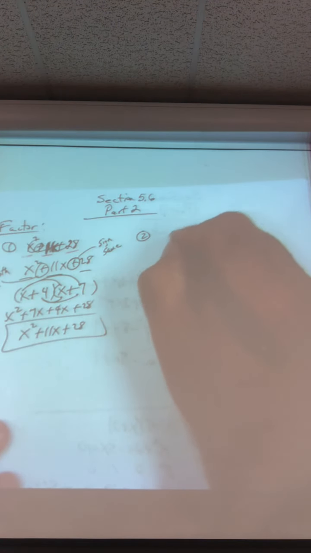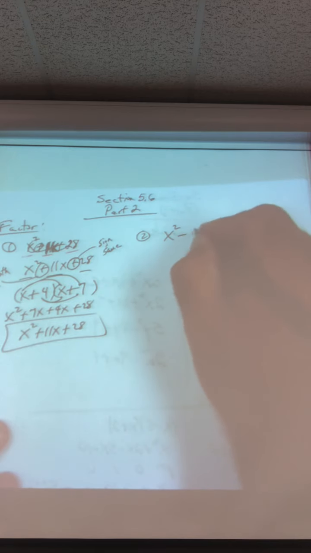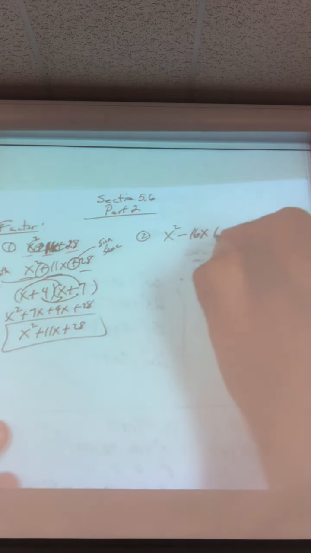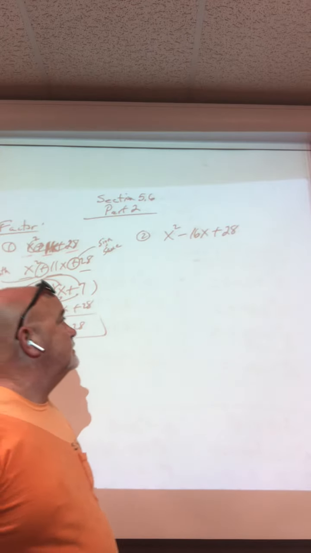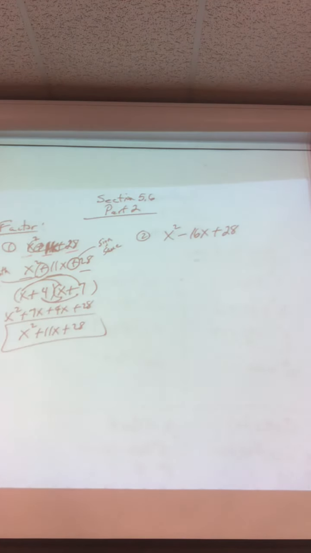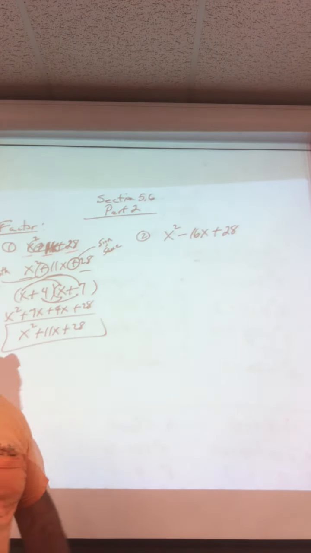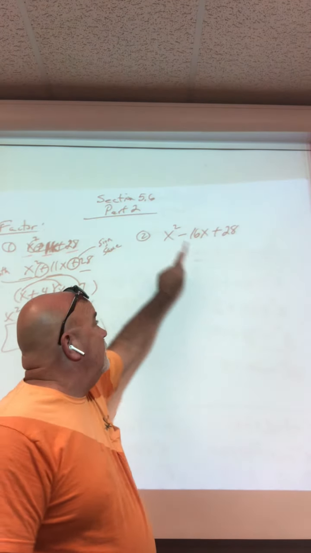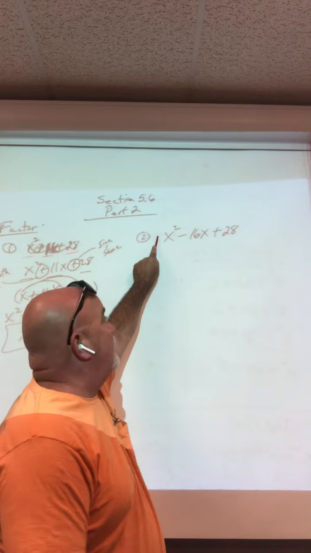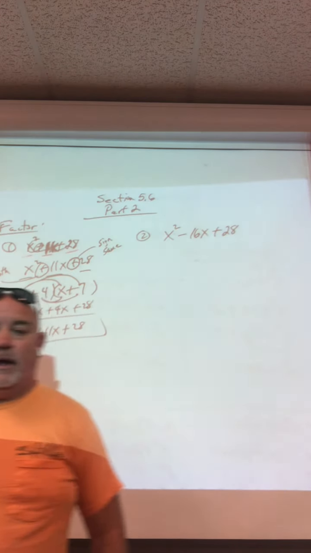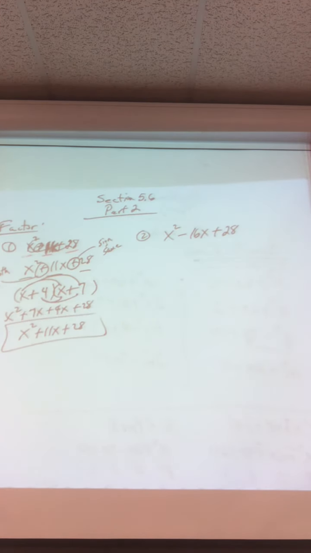Okay, let's do another example. Let's look at x squared plus 16x plus 28. A trinomial of a specific form. This is the easy case because there's no number in front of the x squared other than the 1. So how do we factor this?